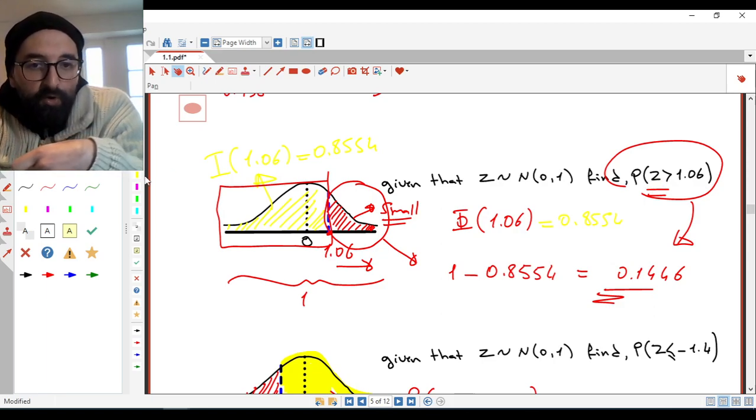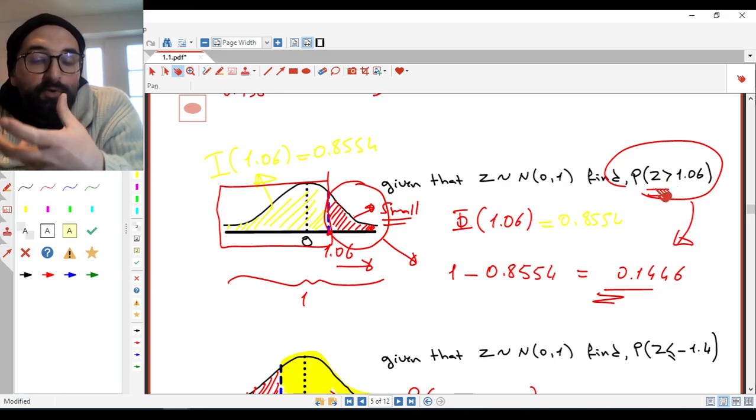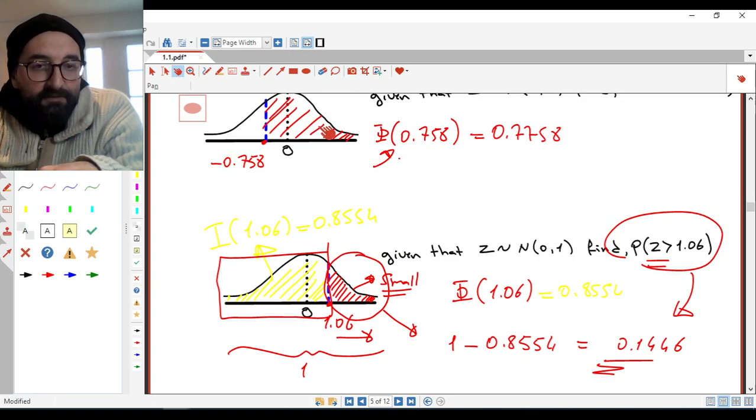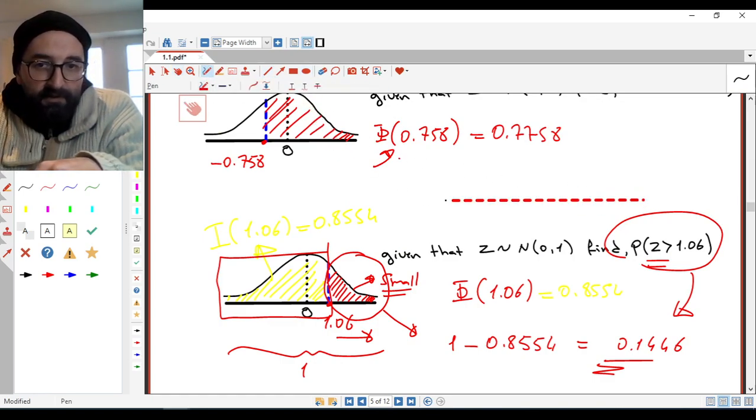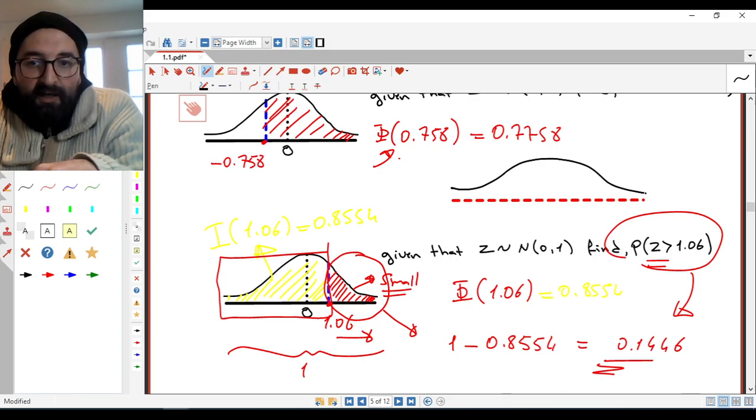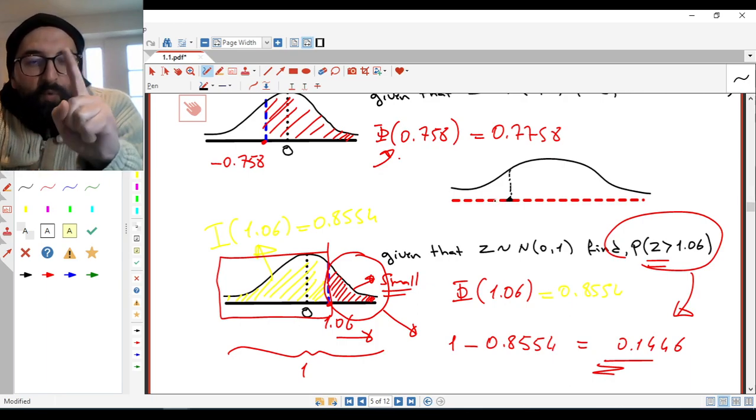Why? Because for the area under the curve, whether we have an equal sign or not doesn't matter. This is a cumulative graph, and in a cumulative graph we can't find the probability of one value.